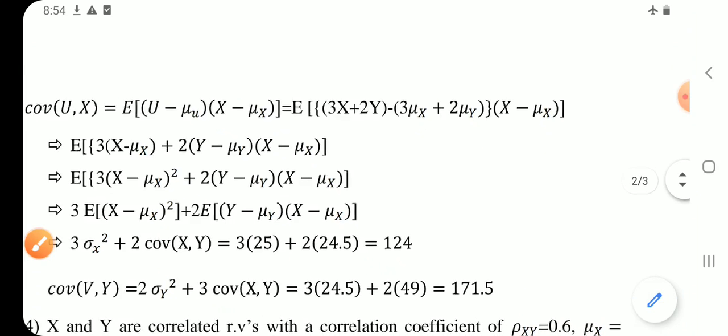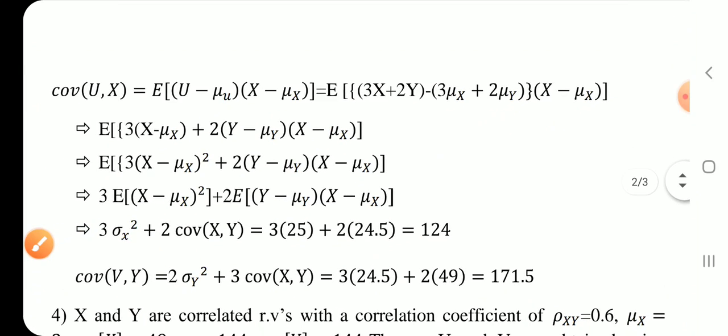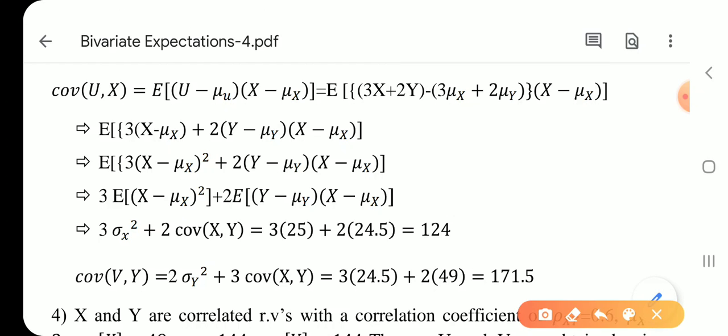Now, let us find an equation for covariance of ux. As we derived the formula for covariance of xy, we will derive here the formula for covariance of ux. Covariance of ux can be written as expectation of u minus mu u into x minus mu x. Let us put the value of u.